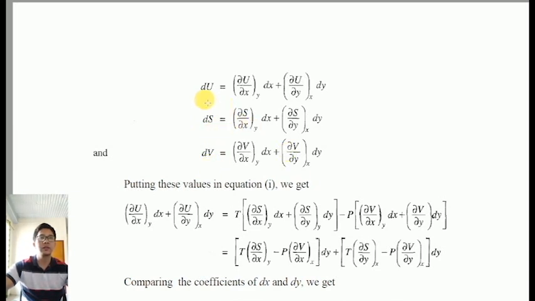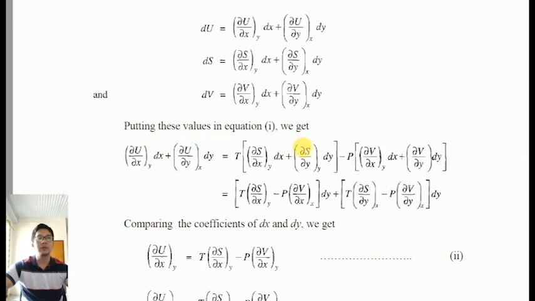We differentiate first with respect to x at constant y, and then with respect to y at constant x. dS is also equal to differentiation with respect to x at constant y plus differentiation with respect to y at constant x. Please remember that d is the perfect differential and del is the partial differentiation. I hope you understand this equation.